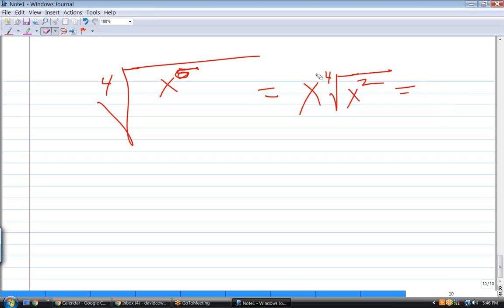And in fact, the fourth root of x squared could be changed to the square root of x. The fourth root of x squared is the same as the square root of x. Okay. So if I had a problem like, all right, let's get a little harder.